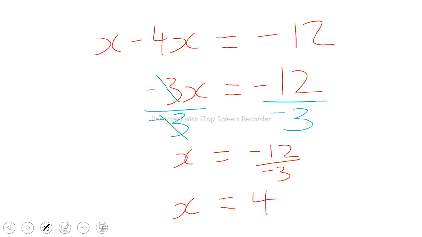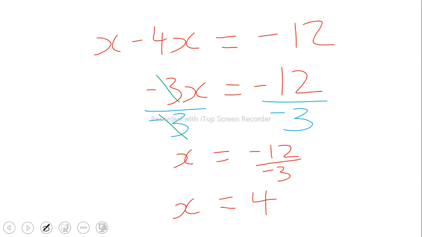When you are dividing two negatives, it becomes a positive. When you are multiplying two negatives, it becomes a positive. So bear in mind that when you multiply and divide, it becomes positive.